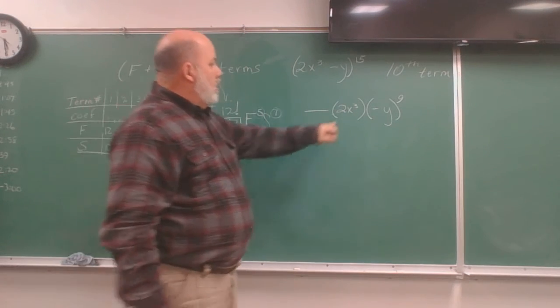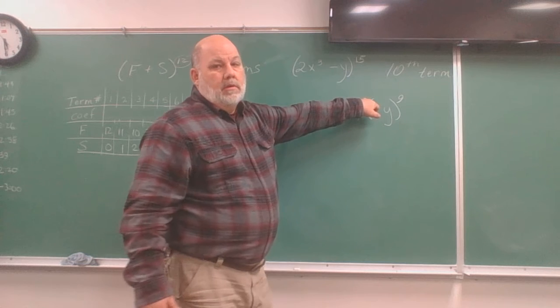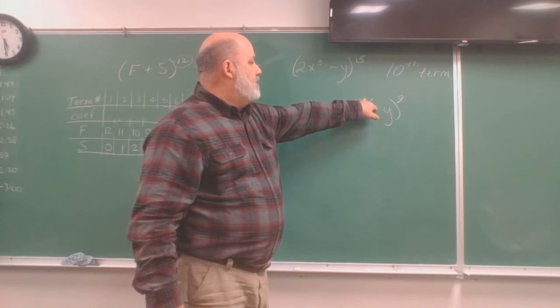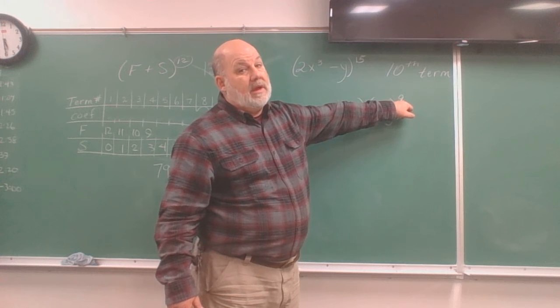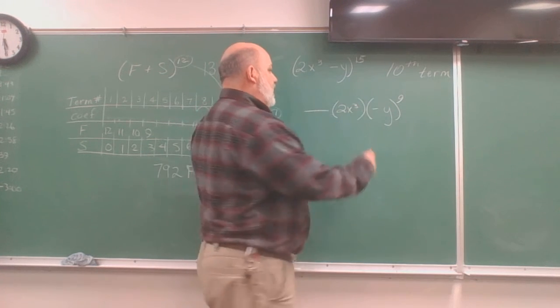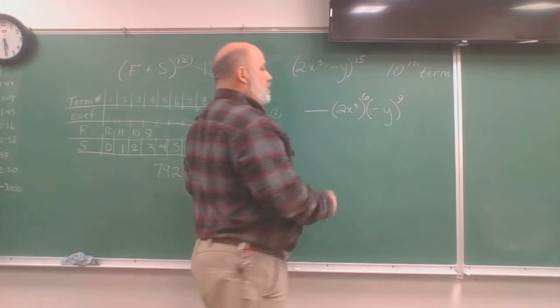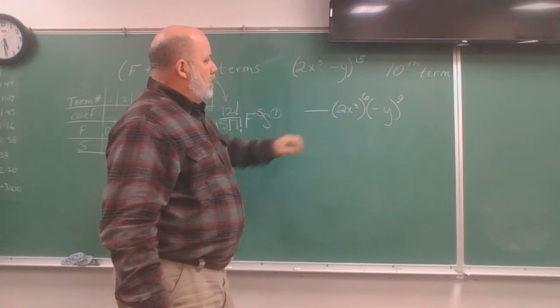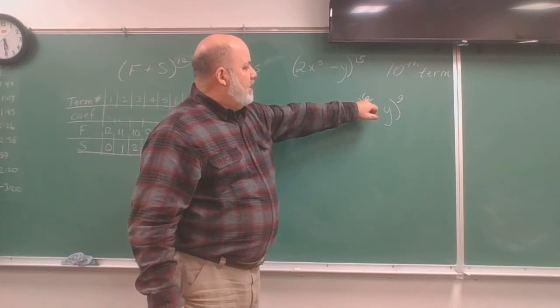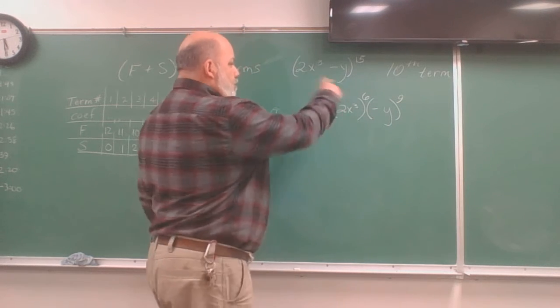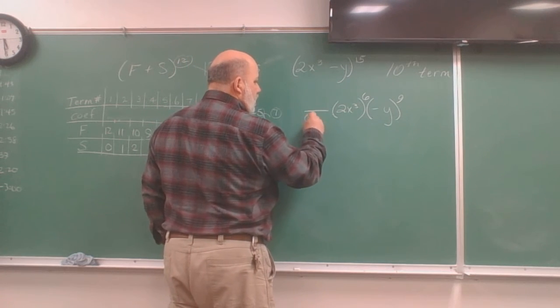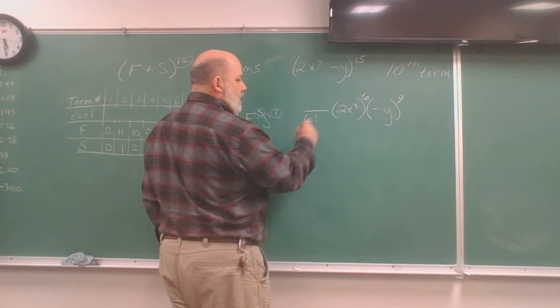What is the exponent of this 2x cubed? I don't know. What's 15 minus 9? What do I add to 9 to get 15? It's 6. So the 2x cubed will be to the 6th power. The negative y will be to the 9th power. Both of those numbers go down here in the denominator.